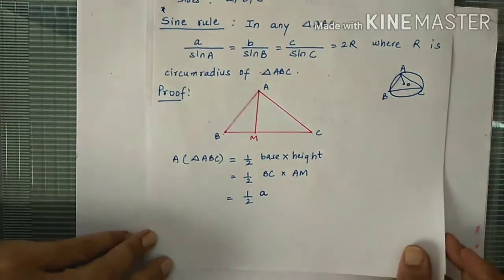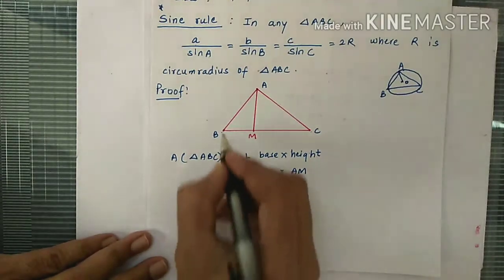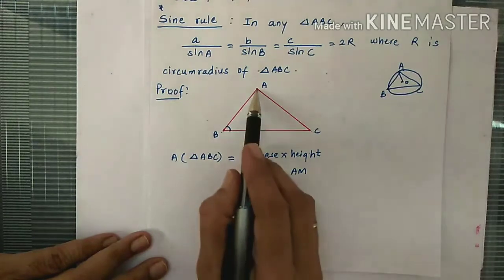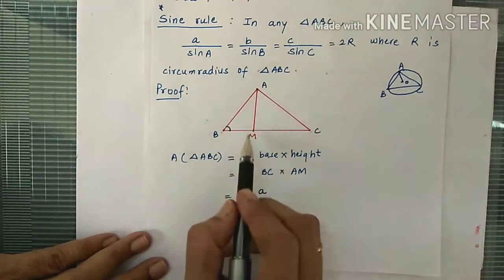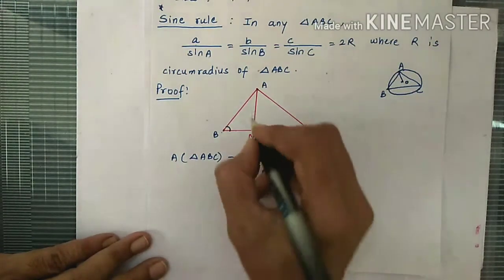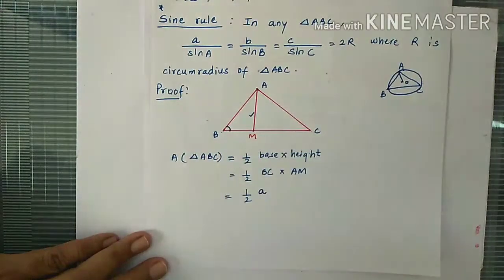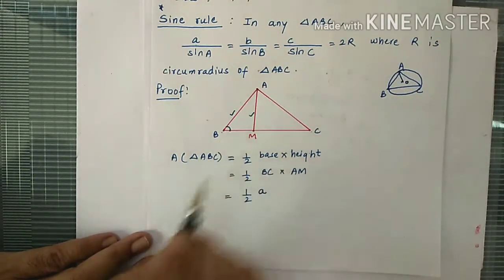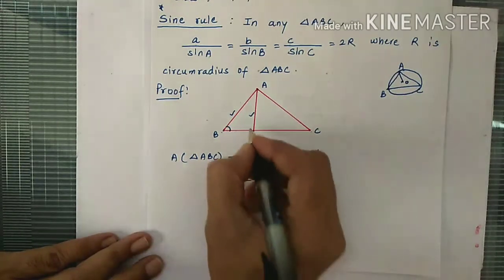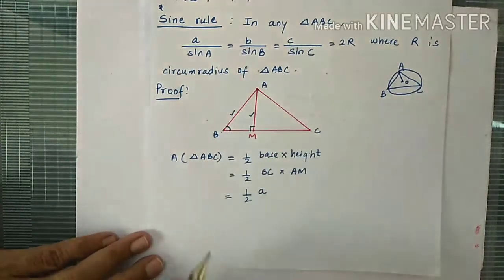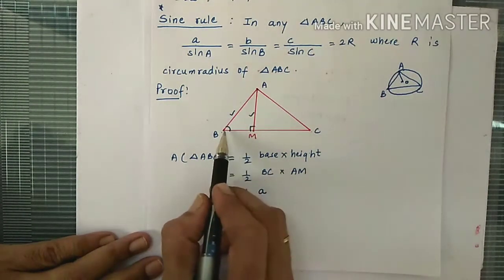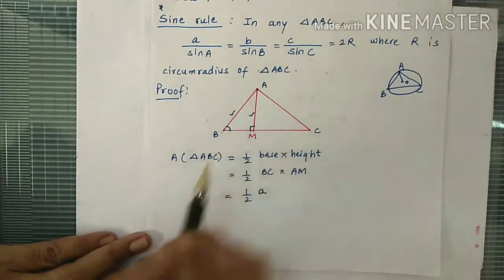Now let's find out AM. So to find AM, consider this angle. Now consider triangle AMB. Okay, we have to find out AM and what we know is AB. So for this triangle, we have to use angle B also. This is right angle here. So what we are using is the side opposite to B and the hypotenuse.